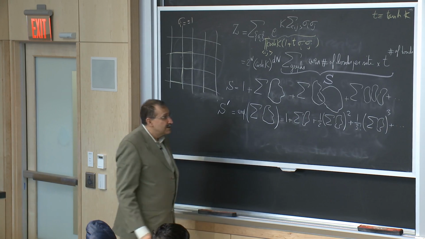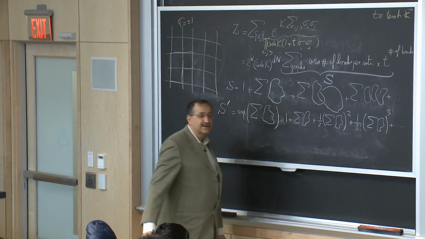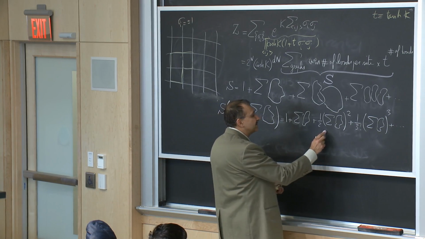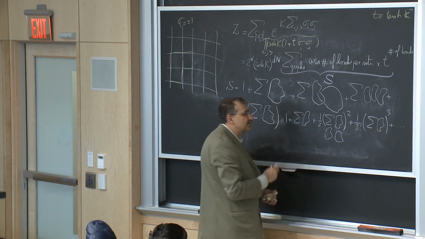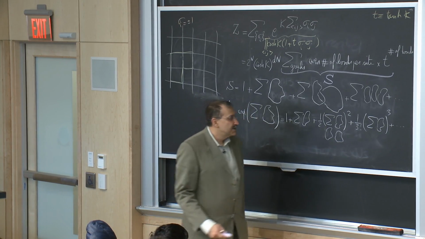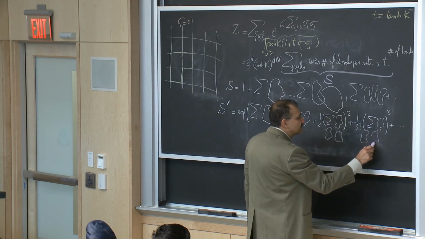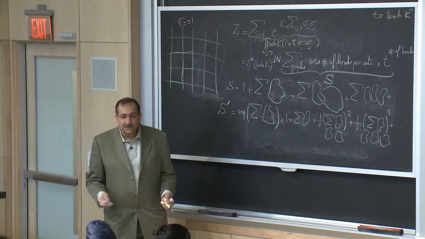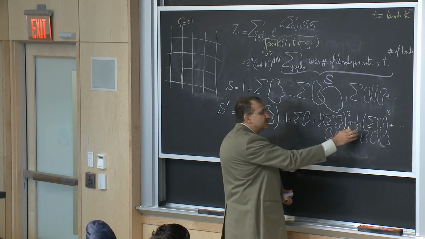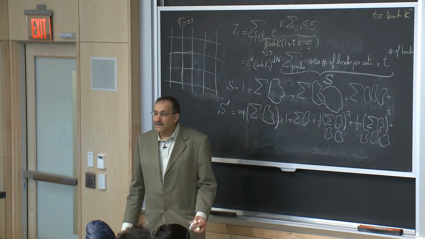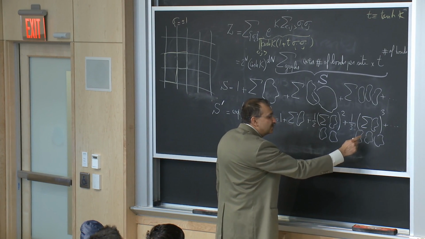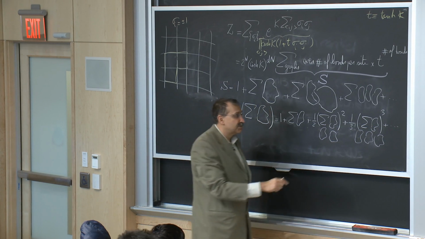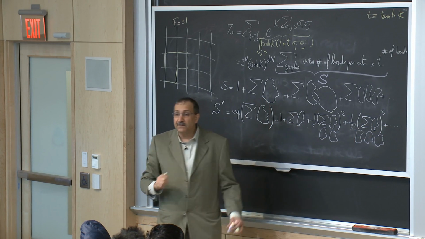And if I were to expand this thing that is something squared, I will certainly get terms in it that would correspond to 2 of the terms in the sum. Here I would get things that would correspond to 3 of the terms in the sum. And the combinatorial factors would certainly work out to get rid of the 2 and the 6, etc. Let's say I have loops A, B, or C. I could pick A from the first sum here, B from the second, C from the third, or any permutation thereof.